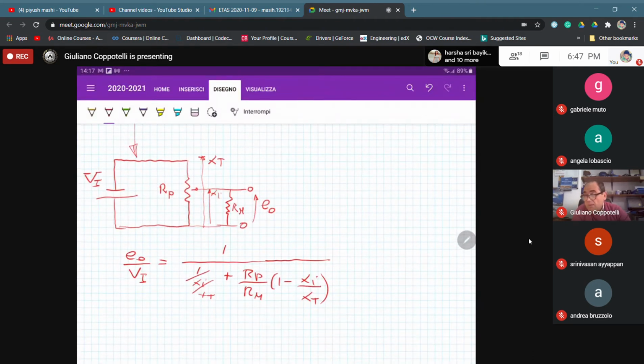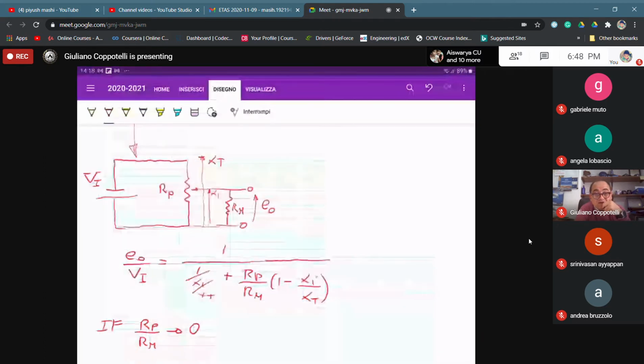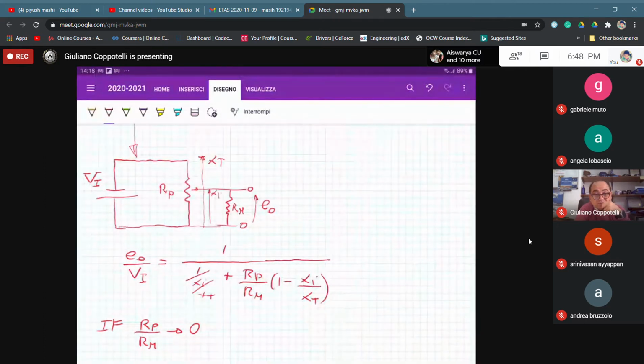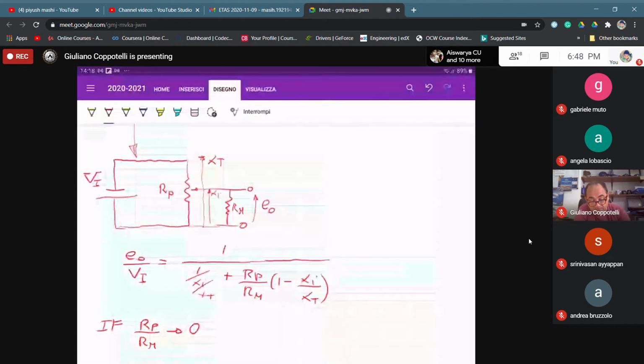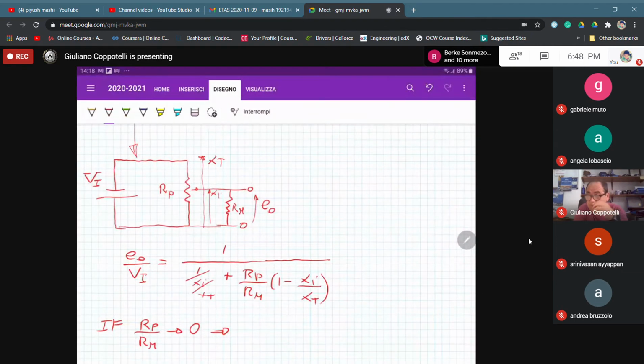However, if the Rp over Rm ratio is going to 0, that is, the resistance of your measuring device is much higher than the potentiometer internal resistance, then that relation could be simplified a lot.